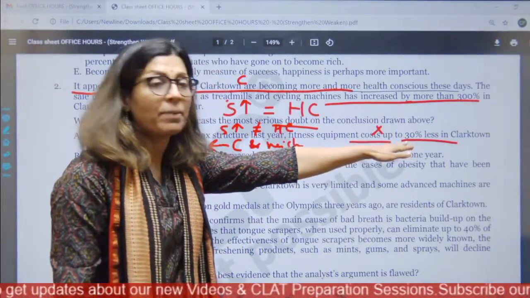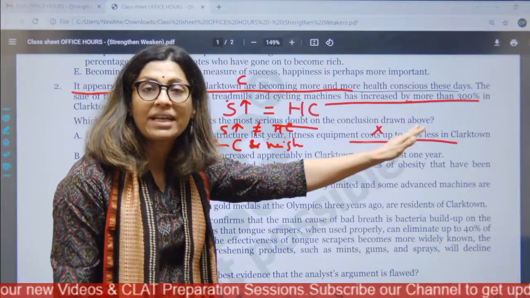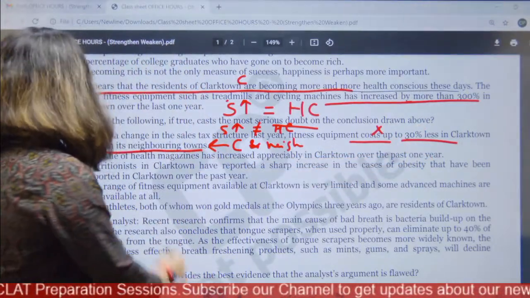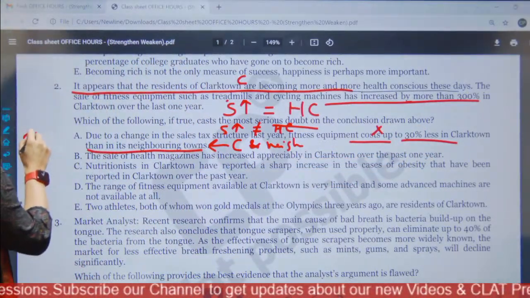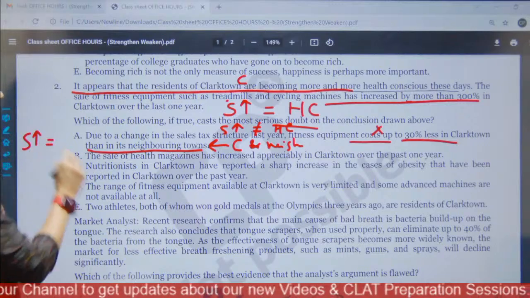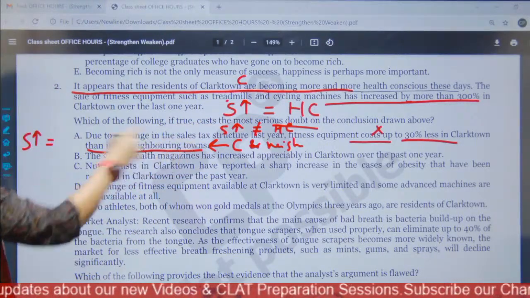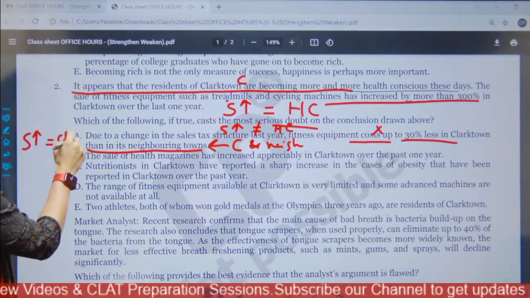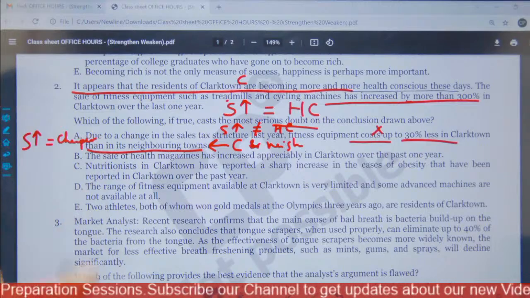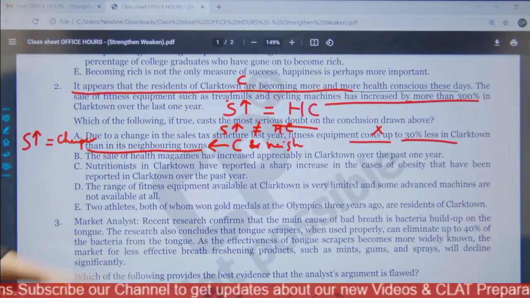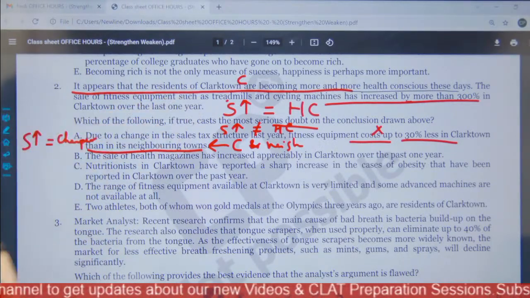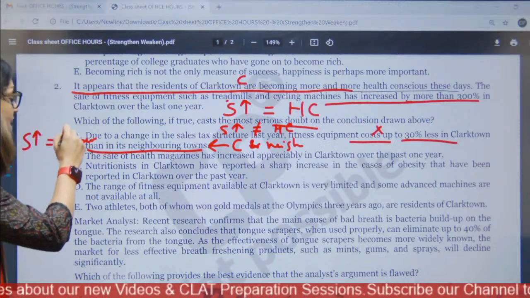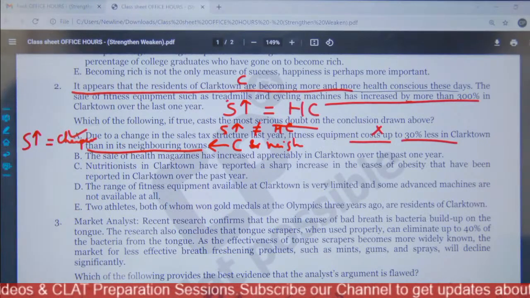Because the same equipment is costing 30% less. So that means sales increase does not mean that people are health conscious. It just means that this place is now cheaper. So not only people from this town are buying this equipment, everyone else is as well. So answer will be option A.